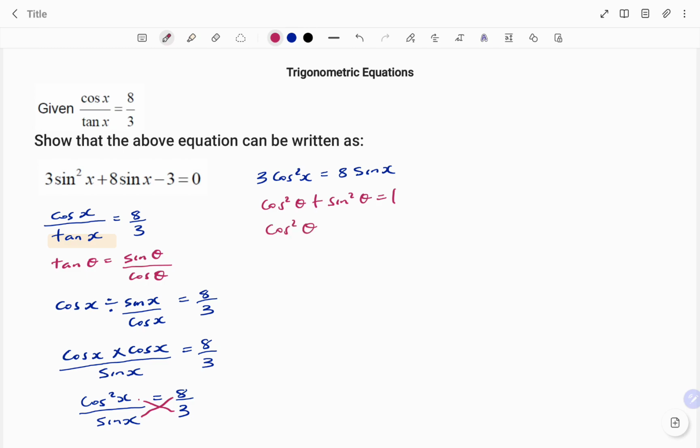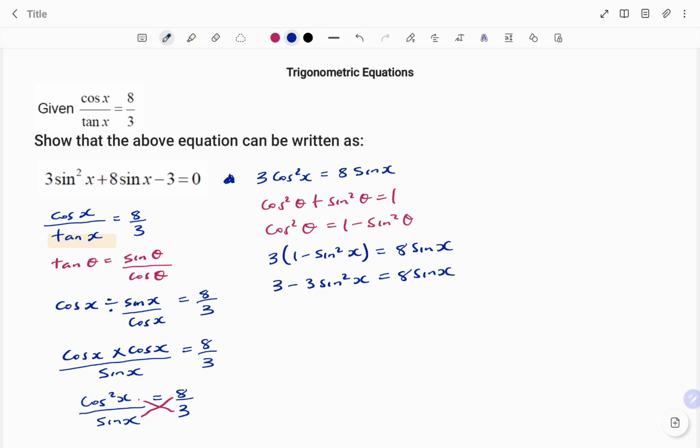I have cos squared theta equals 1 minus sine squared theta. In this case, my theta is my x. So therefore, this equation becomes 3 multiplying 1 minus sine squared x equals 8 sine x. If I expand the bracket, I have 3 minus 3 sine squared x equals 8 sine x.